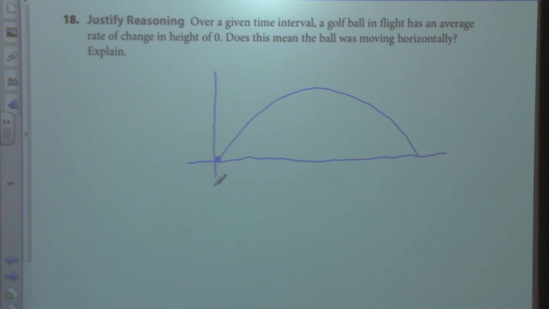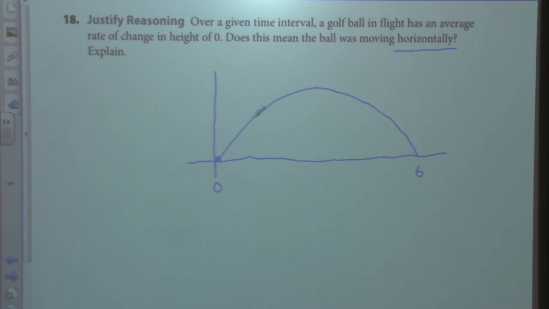And so let's say between 0 and 6 seconds, what is the average rate of change? It is 0, right? Because it started on the ground, finished on the ground, average rate of change is 0. Does that mean the ball was moving horizontally?